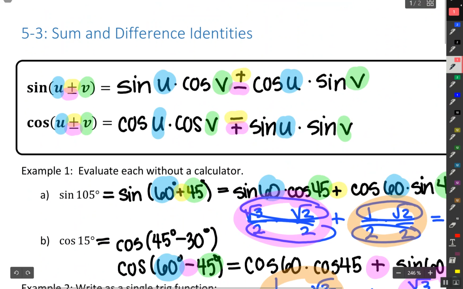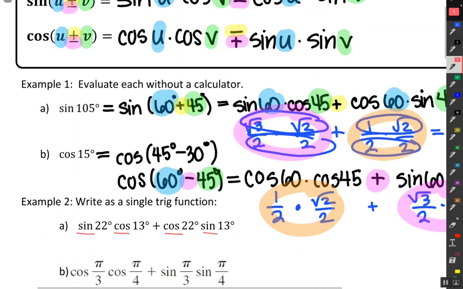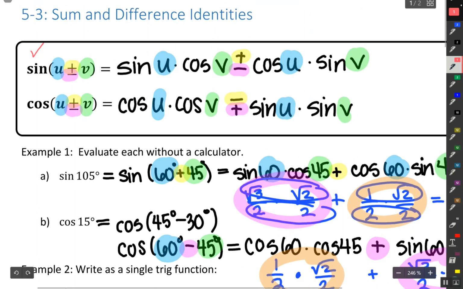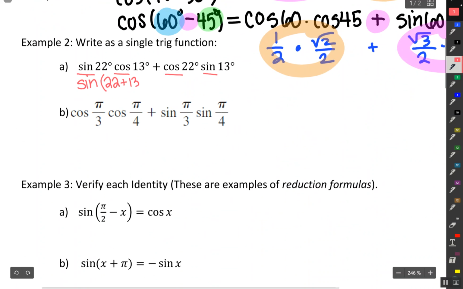So that fits the pattern of a sine, sum or difference. Okay, it is adding, so it is a sum because in the sine formula it's going to be the same. So this is going to be the sine of 22 plus 13, which is the sine of 35.